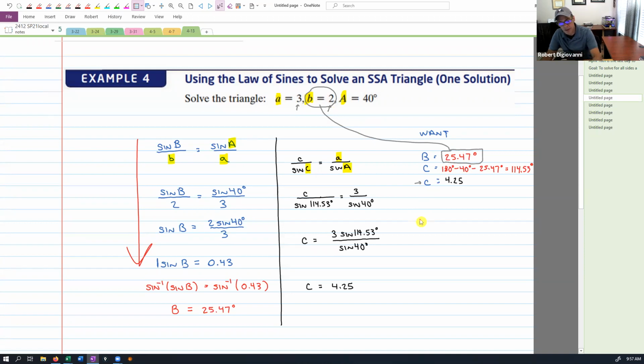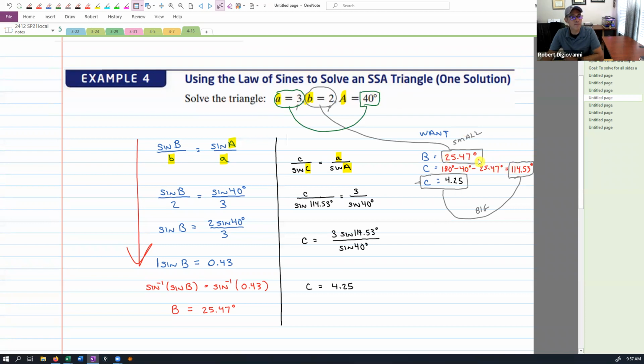Now, the biggest side we have is 4.25, and its corresponding angle is 114.53. So this is the biggest, this is the smallest, and the one in the middle, A, has an angle of 40 degrees, which is between those two.